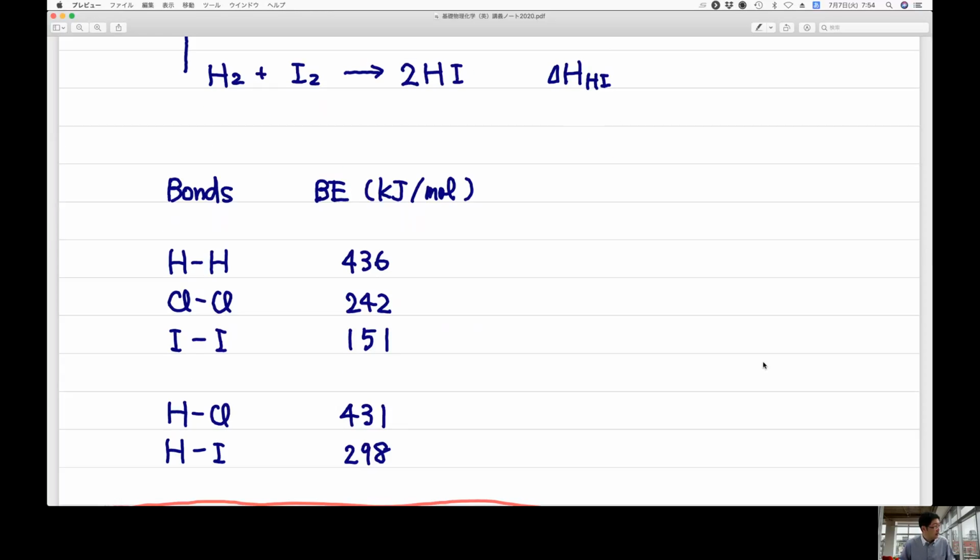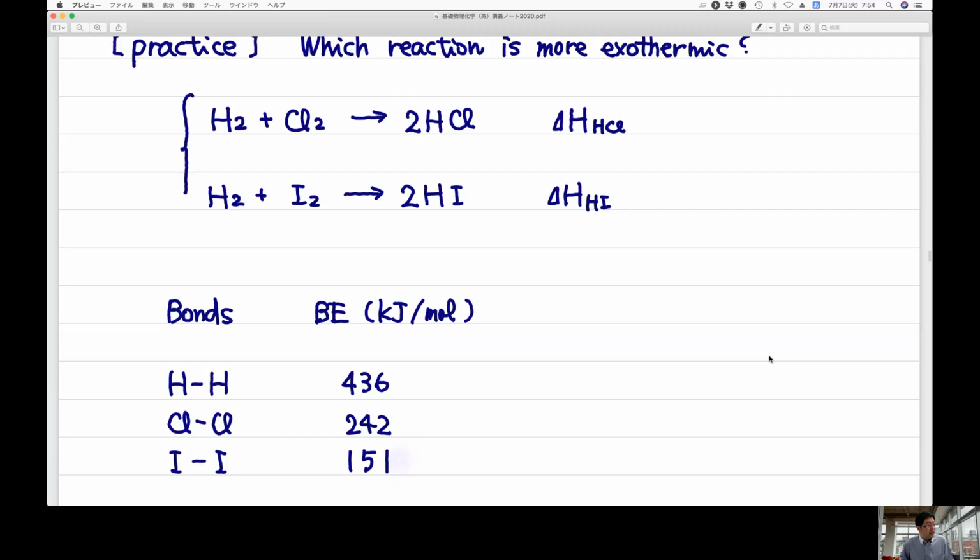And HCl single bond and HI single bond. These bonds should be broken, cleaved, and these bonds should be formed. So which is negative, which is positive, okay? And you can sum up all these values to evaluate the delta H for HCl and delta H for HI.